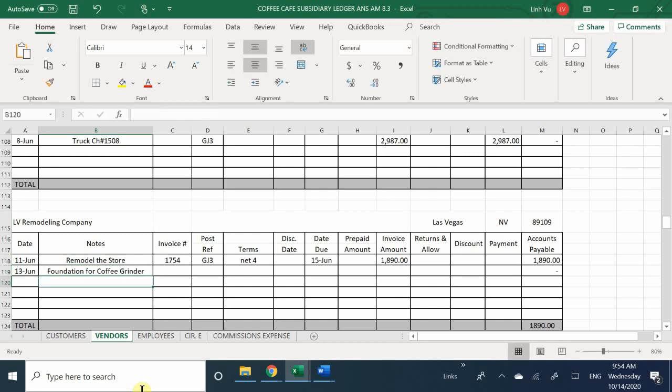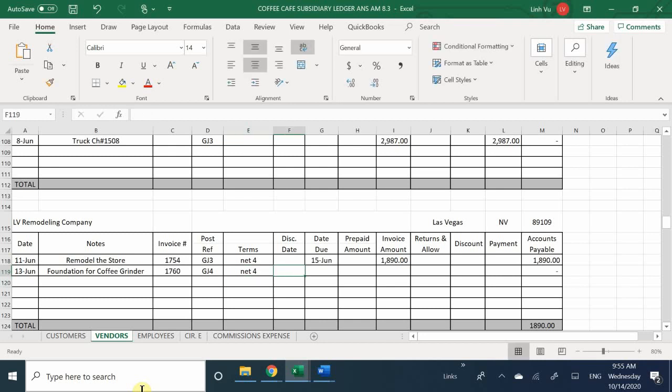We do have an invoice number 1760. We do have a post reference, which is the general journal number 4. And we know that's going to be net 4 because it's expected to be due in 4 days.